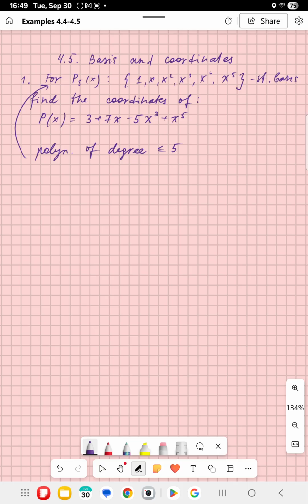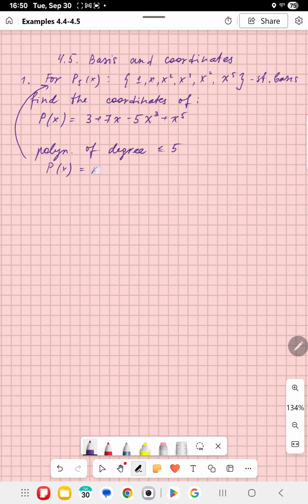So how do we find the coordinates? Well, basically, guys, remember that if you do have a basis, the coordinates are just the coefficients of the linear combination when you represent your vector in that basis.